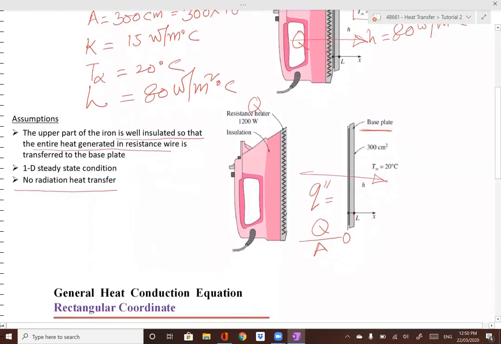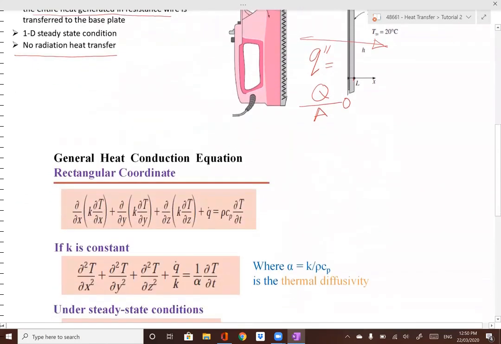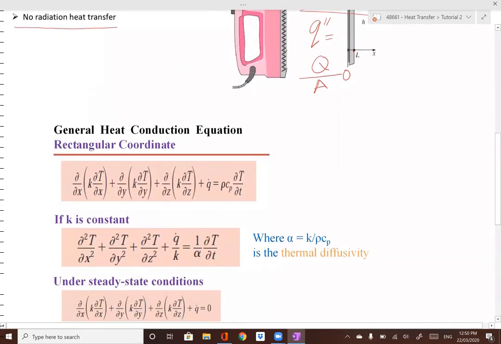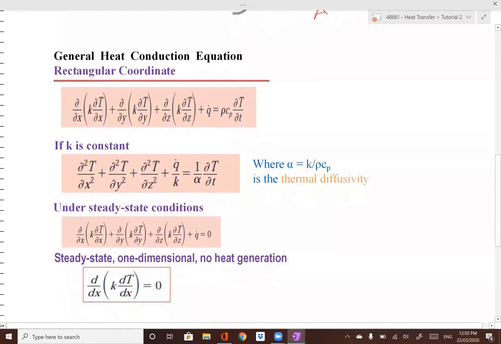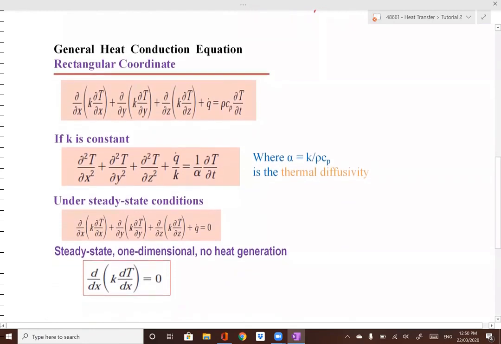Okay, now there is a detailed formula related to rectangular coordinates, and our problem is related to rectangular coordinates. So this is the general heat conduction equation.